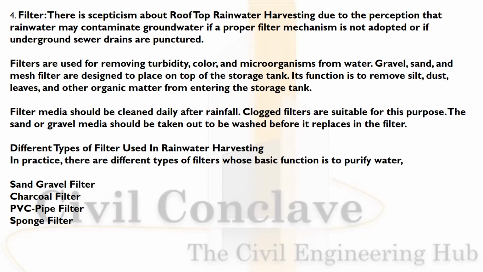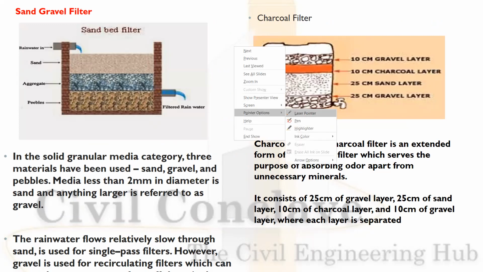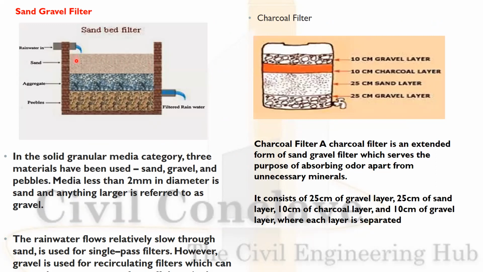Different types of filters used in rainwater harvesting systems are sand gravel filter, charcoal filter, PVC pipe filter, and sponge filter. Sand gravel filter. You can see from the image, this is a rainwater intake. Then there is sand, aggregate, and pebbles. Then the filtered rainwater goes away.